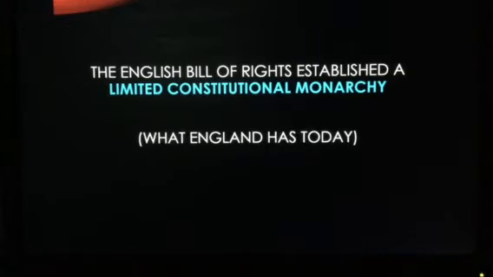The English Bill of Rights established a limited constitutional monarchy, what England has in place today. This was all in the late 1600s. 1688, the Glorious Revolution. 1689, the English Bill of Rights.